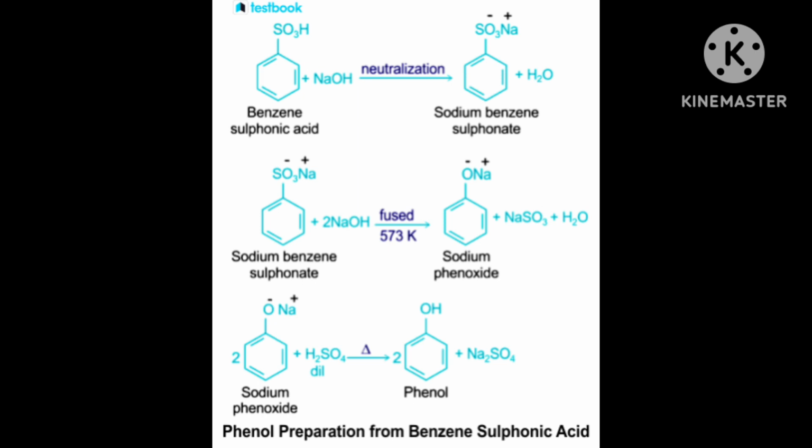Then you will get phenol. Between the sulfonic acid and phenol, 2 steps are there: first phenoxide and then again acidification. That you will study in mechanism, but I already told you the mechanism.